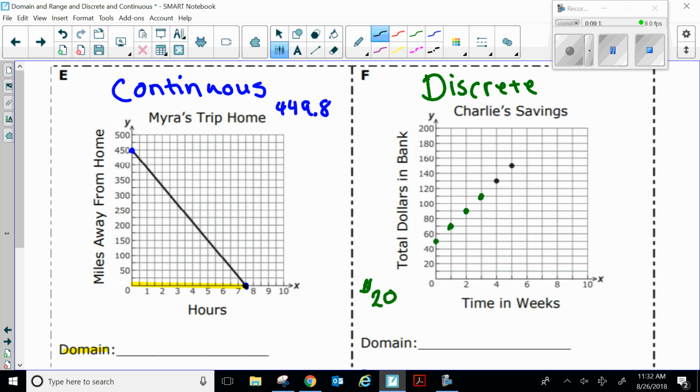So to write my domain, I'm going to have my least x value, which is 0. 0 is less than or equal to all my x values, and all my x values are less than or equal to 7.5.